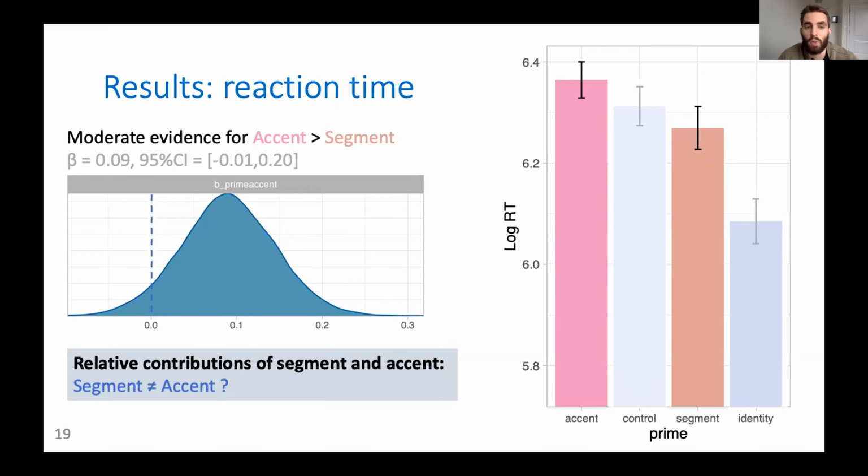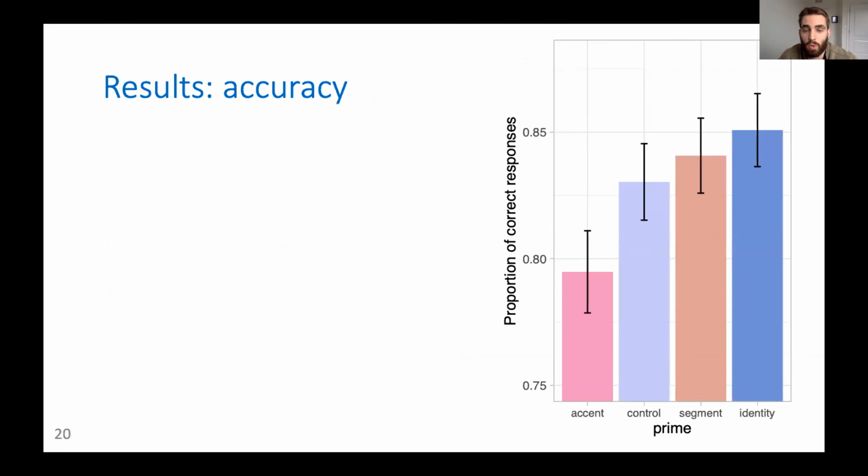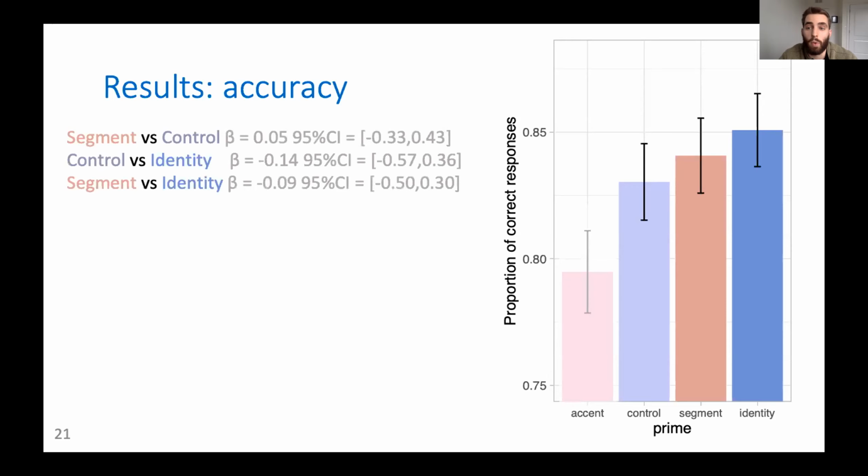Okay, so with that in mind, let's turn to our accuracy analysis. You see it displayed here with the proportion of correct responses given to a word target split by the 4 prime types as before. And generally, we can note qualitatively that primes for which we saw longer reaction times are less accurately responded to.